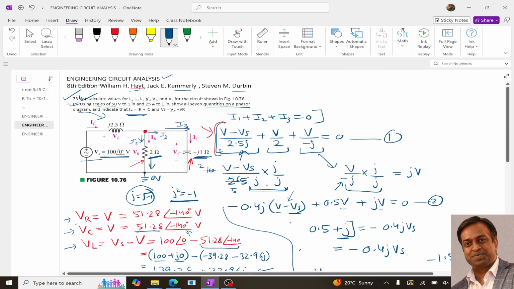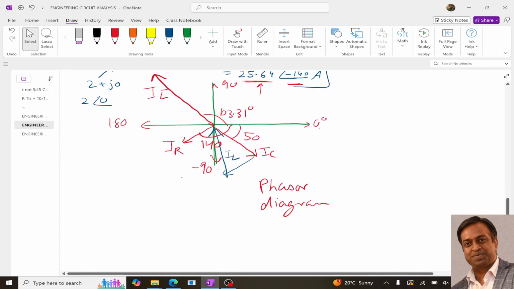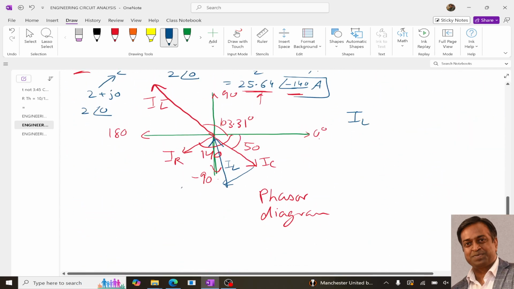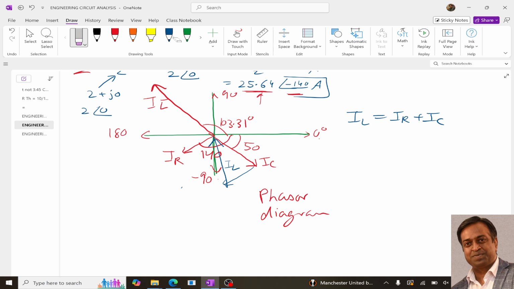So the vector sum of IR and IC will give me IL, right? Over here the angle is not visible exactly in this form, right? But if you calculate it numerically, you will get the same angle.